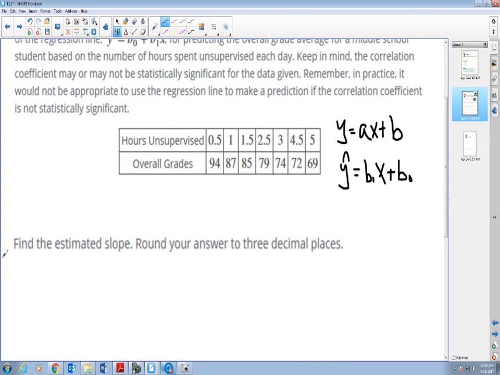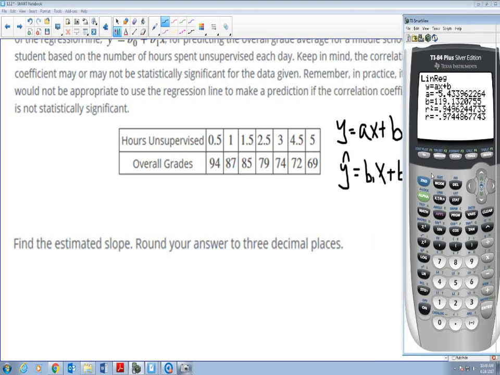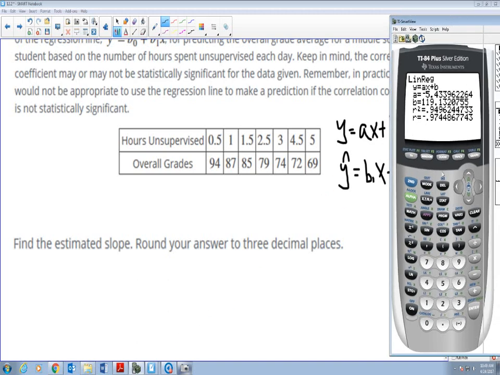All right, so find the estimated slope, which is finding a, which will become my b sub 1. So let's key this in so we can actually find the slope. And when my a is negative, that's a negative linear correlation. Positive a means positive linear correlation from left to right.